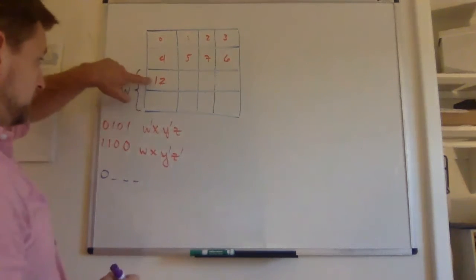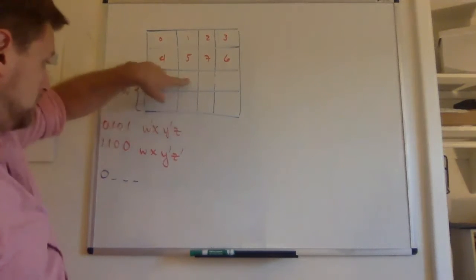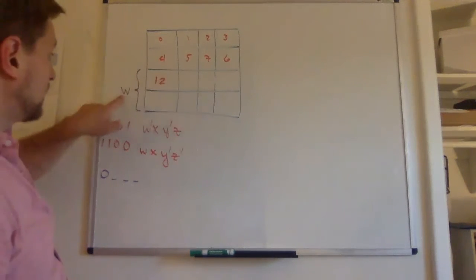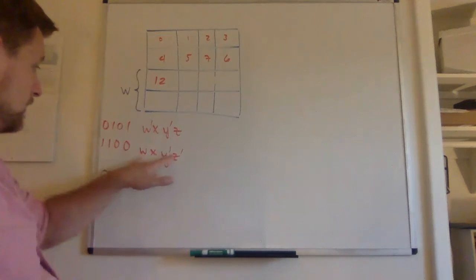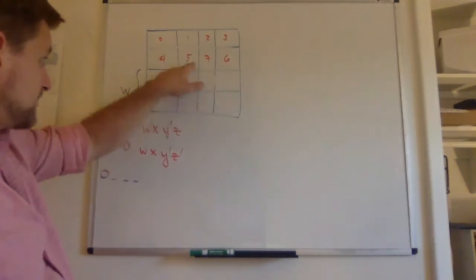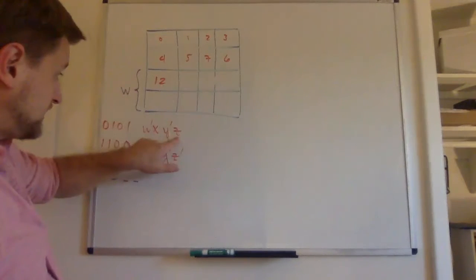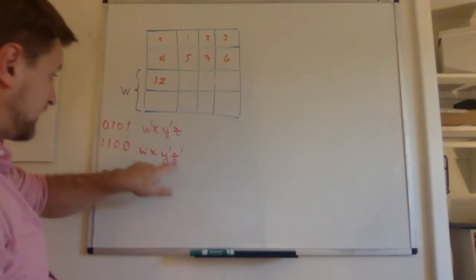If I've got 12 here, it's still got to be W. It's still got to be this one. But I have to move this way and get adjacent to 5. Now 5 has Z uncomplemented. 12 has Z complemented.